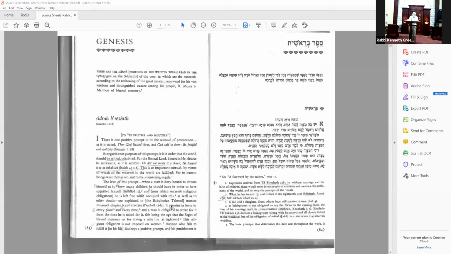Fine, if that's the appropriate context, in what way does it apply to children? Well, we're going to see that momentarily, because he goes on here to explain to us what the laws are. How is this to be carried out?